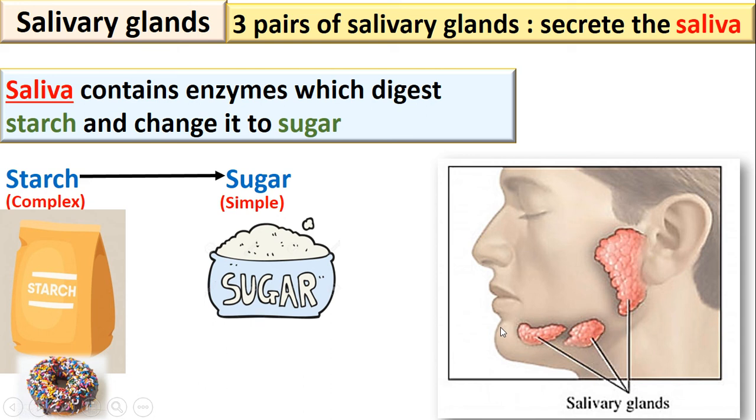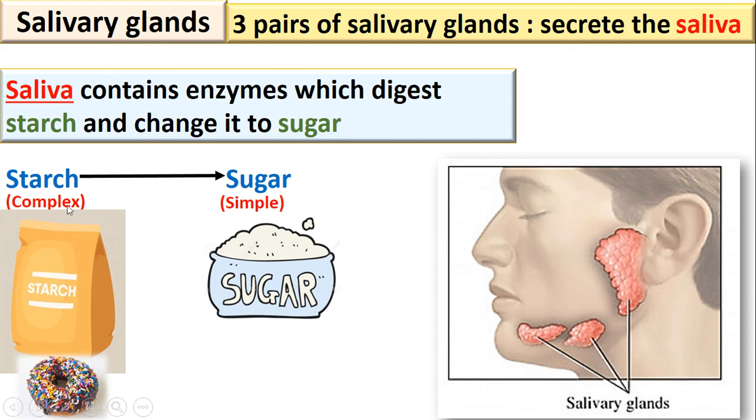And the function of the salivary glands is to secrete or produce the saliva, as we said before. And saliva is a liquid inside your mouth that contains enzymes. What is the meaning of enzymes? Enzymes means some substances inside. The saliva digests the starch into sugar. What is the starch?